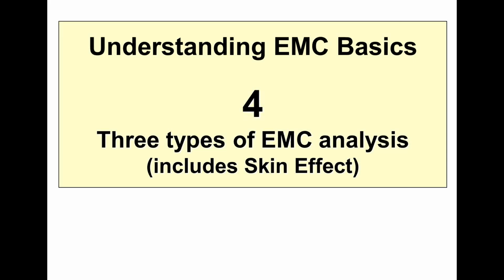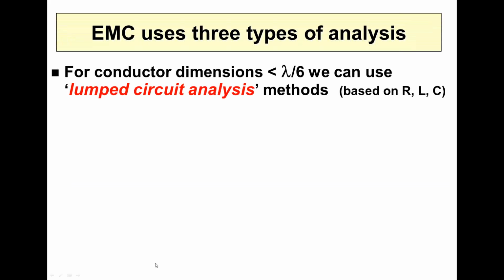We have three types of EMC analysis that we use. When we have conductor dimensions in 3 dimensions less than a sixth of the wavelength at the frequency we're concerned with, we can use lumped circuit analysis. Basically, we say it has so many nanofarads, so many picohenries, so many milliohms.